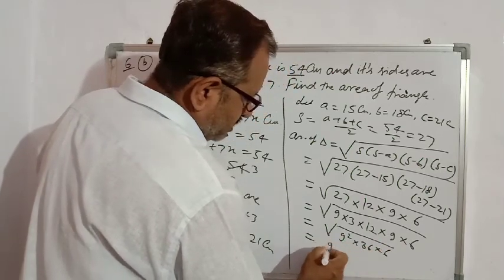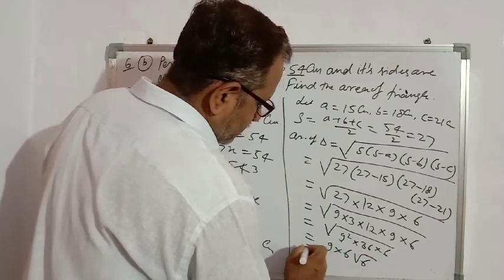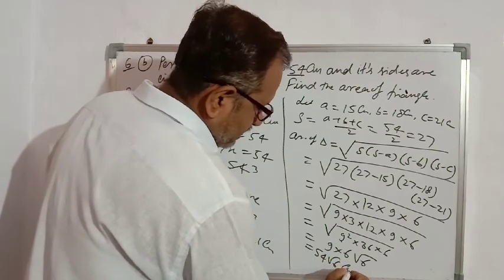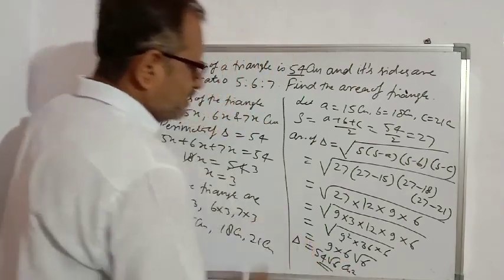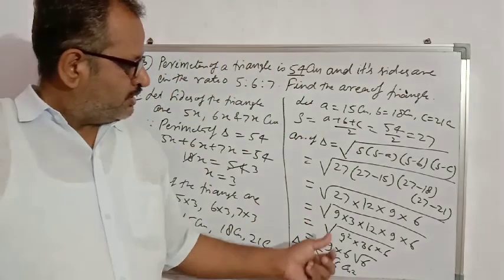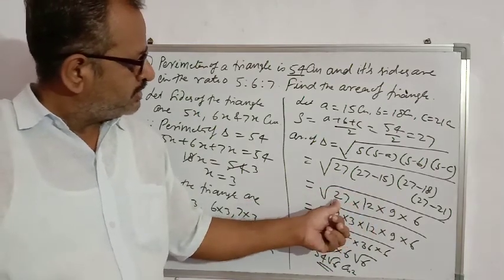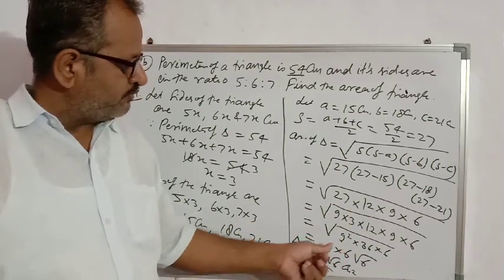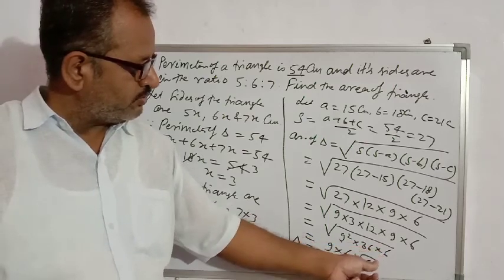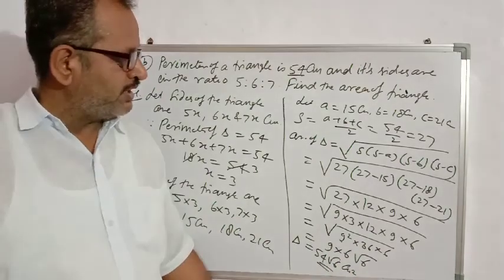When we take the square root, 9 will be outside, 36 square root is 6, under root 6. 9 into 6 is 54. So 54 root 6 centimeter square. This is the area of the triangle using Heron's formula. So put these values, factorize the numerical values and take the square root. We can take the square root of 9 square and 36, but we cannot take the square root of 6. So 54 root 6 centimeter square.